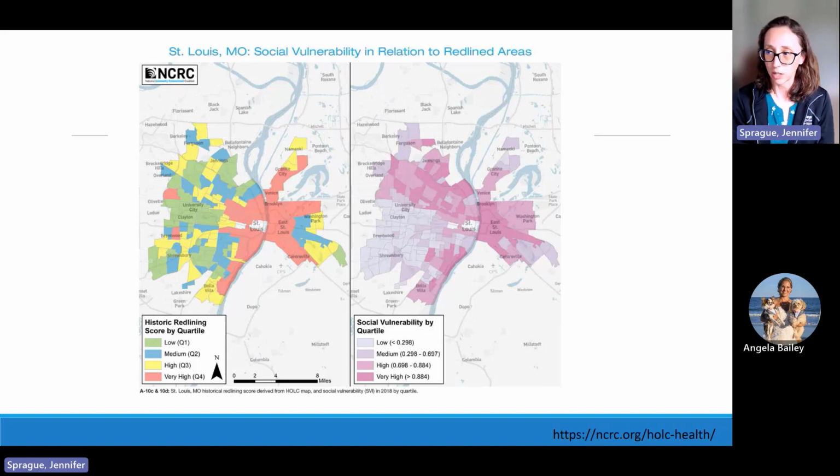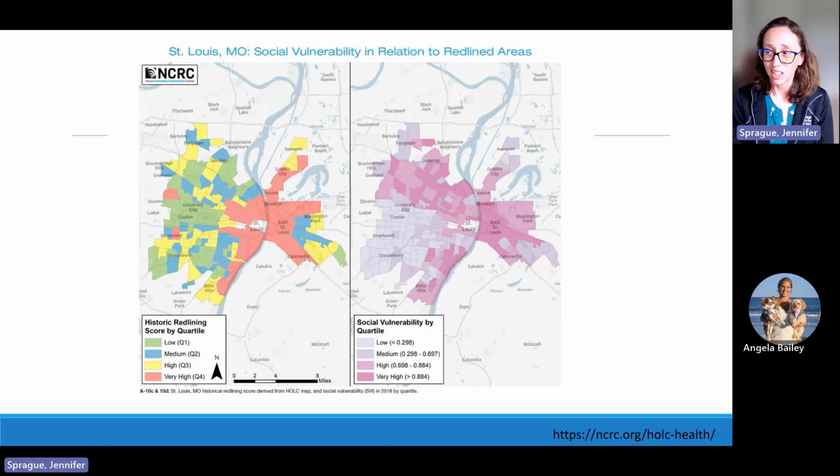And then side by side with that is a 2018 map of social vulnerability quartiles. So this is thinking about those social determinants of health, the economic stability, education access and quality, neighborhood and built environment, social and community context. And so the darker the purple color, the higher the social vulnerability, the less supportive and stable of a neighborhood.